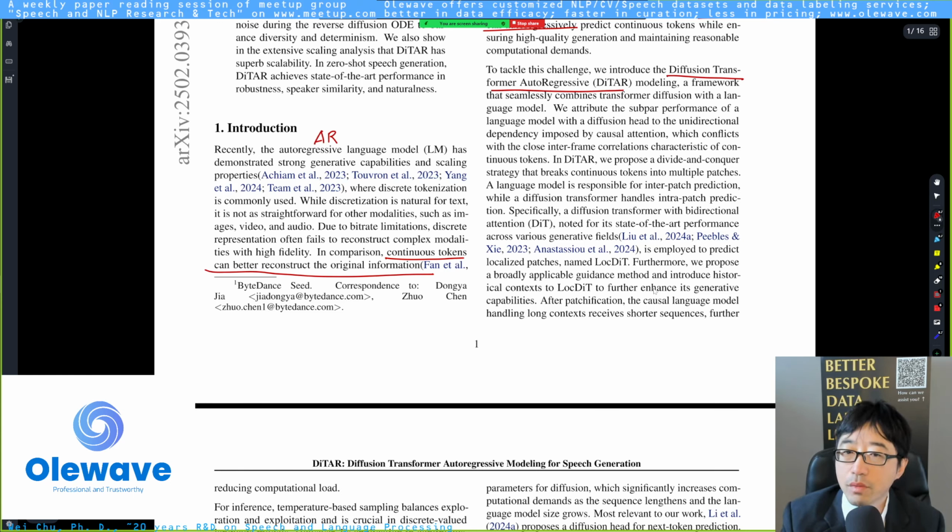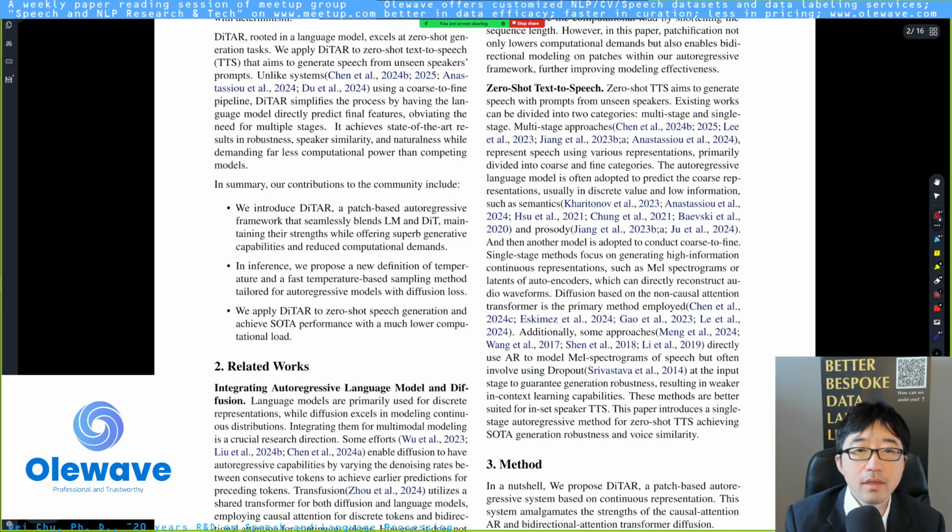So for this, this is why they introduced their work, diffusion transformer autoregressive modeling. There are some previous works, and the key things they have done are shown here. First, they tried a patch-based autoregressive framework, which blends the language model and the diffusion model.